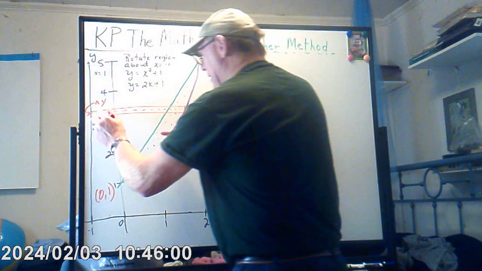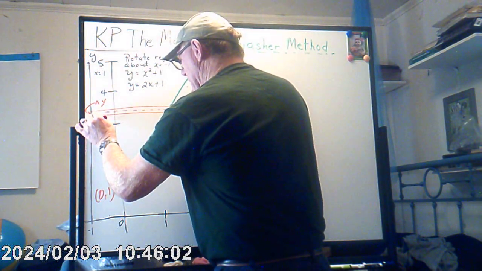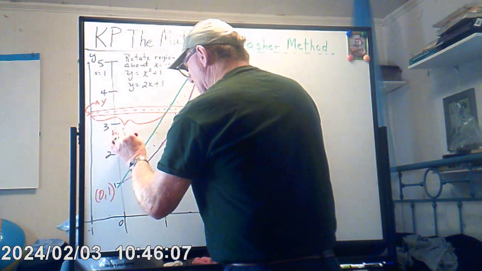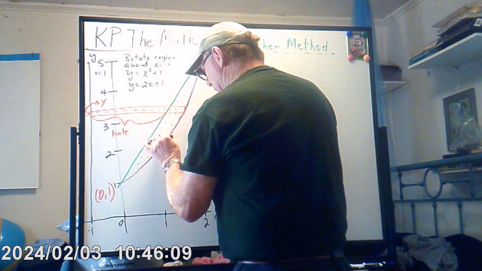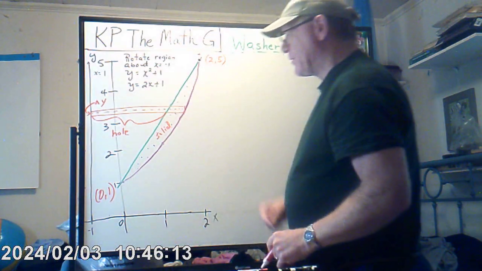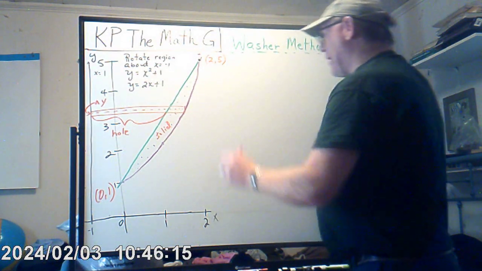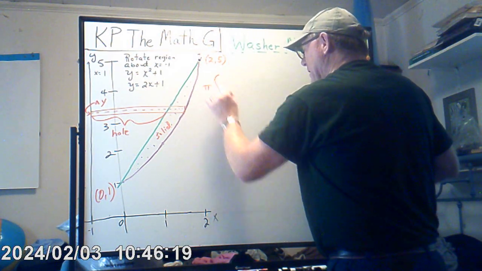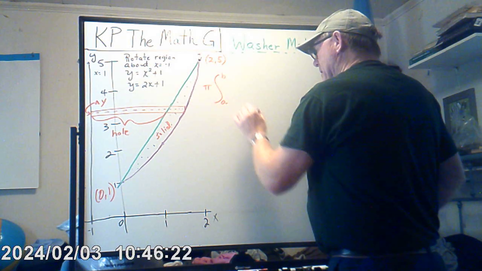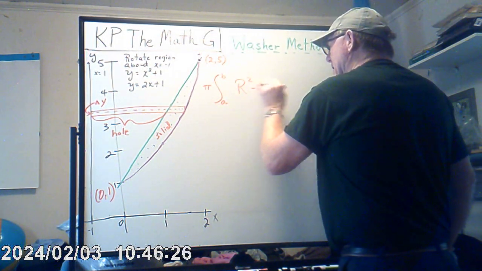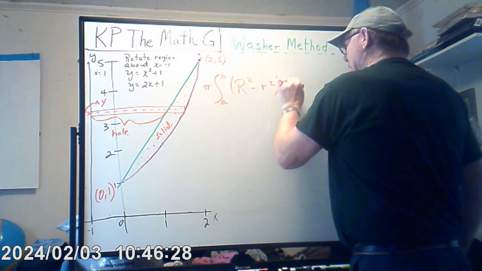This region in here is a hole. Alright, this region here is solid. Right there. So when you're integrating from A to B, it's pi from A to B of big R squared minus little r squared, and in this case we're dealing with dy.